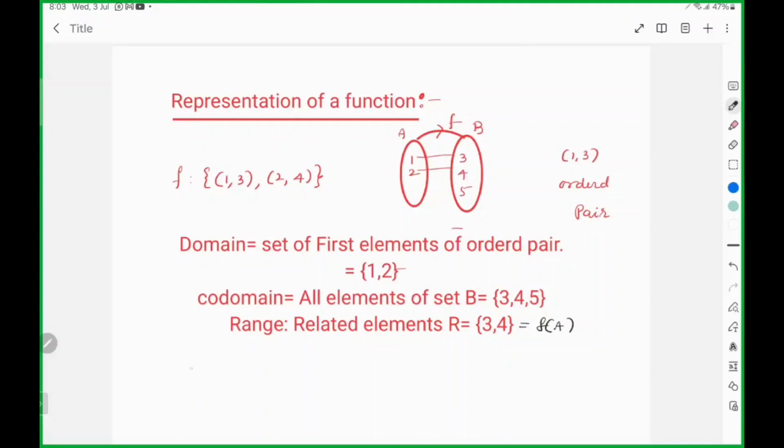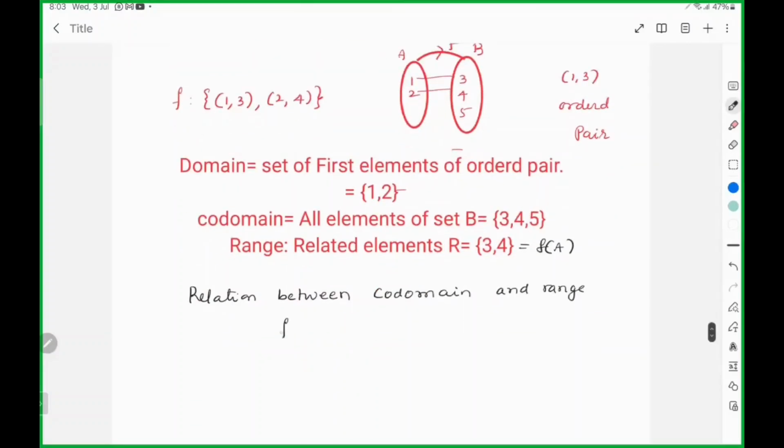I can write the relation between codomain and range as f of A is a subset of the codomain. Here there are two different terms: subset and proper subset.